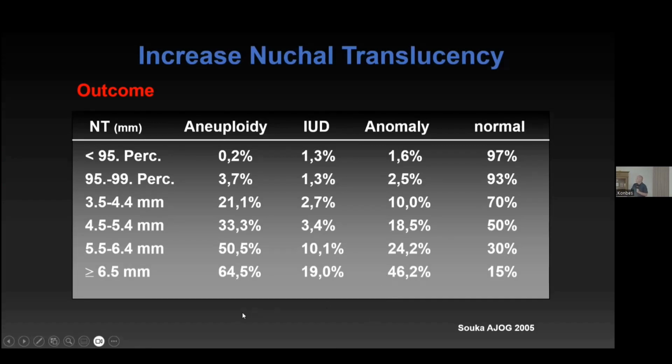But we have to look very carefully because there is also the chance that there are some healthy babies in case of increased nuchal translucencies. No? So that's our aim, to detect very early, and then the only way to do this is to make an invasive procedure like amniocentesis or chorionic villus sampling.